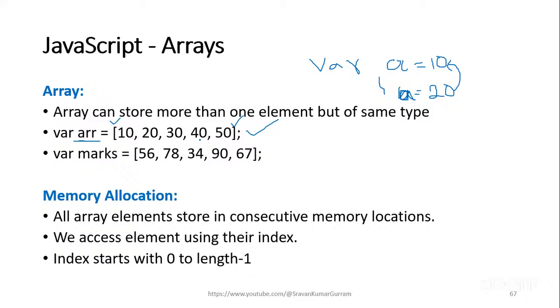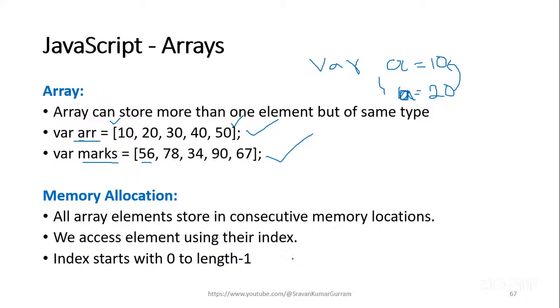Like that, you can create an integer array, a float array, a character array, all valid, but don't mix up the elements. Remember this point. One more example, variable marks. I want to store marks like 56, 78, 34 and so on. This is also a valid statement to create an array.